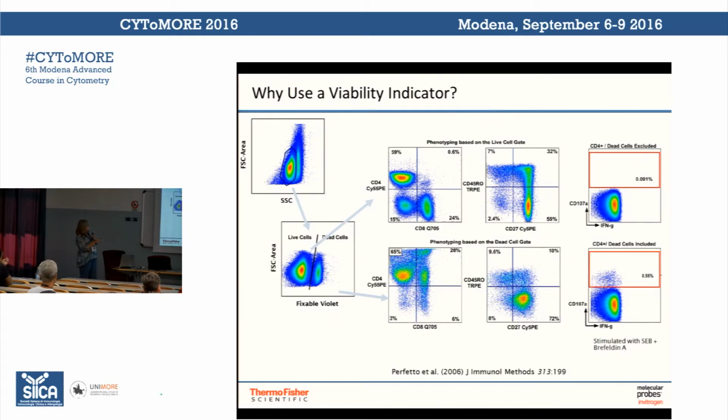What they did was gate the way they normally did on scatter to identify their dead cells and their live cells. And then they put in an actual dead cell stain to identify the cells. And when you get over here to the end, you'll see there's quite a different result if the dead cells are excluded. And so really, scatter alone cannot identify your dead cells.